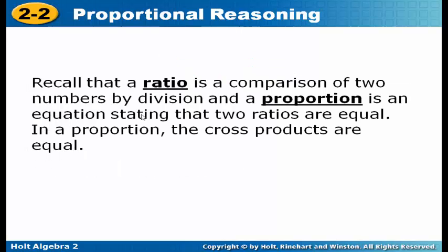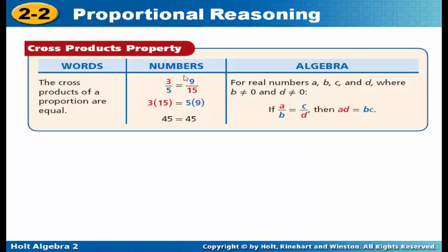Recall that a ratio is a comparison of two numbers by division, and a proportion is an equation stating that two ratios are equal. In a proportion, the cross products are equal.